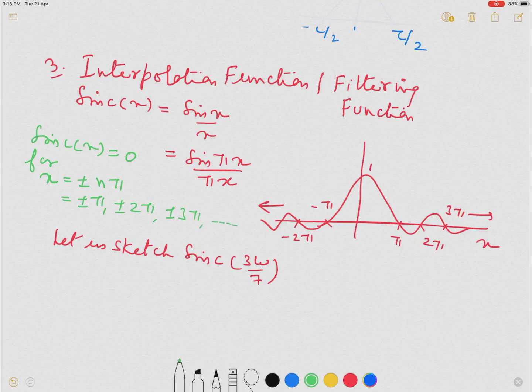So the sinc function will be 0 for x having values of n pi, both positive and negative.